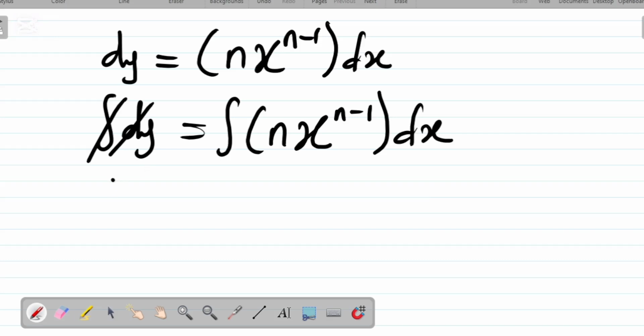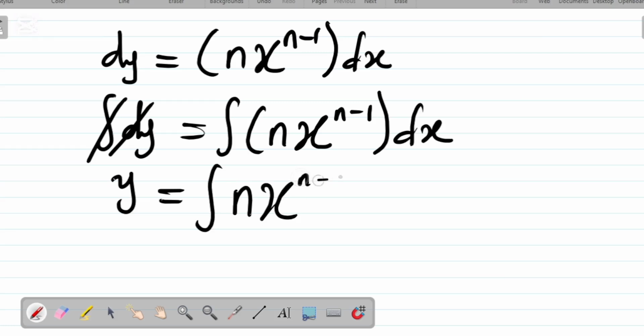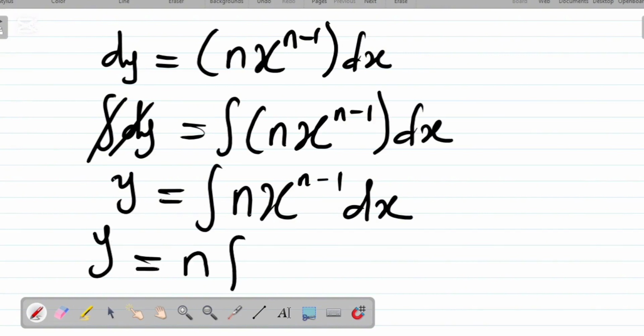So we are left with y equals integral of n x raised to power n minus 1 dx. So y becomes, you bring out the constant n. So we have here n integral of x raised to power n minus 1 dx.